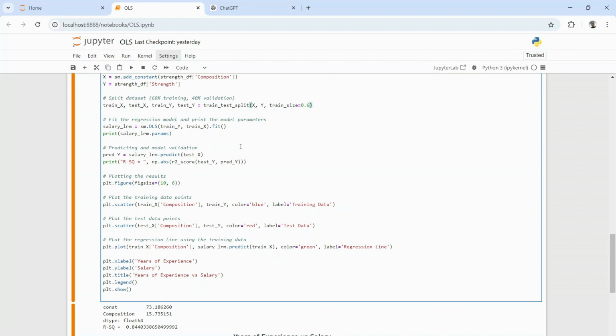And this line is the most important line here. It fits an ordinary least squares regression model using the training data X and the training data Y. And then we print the parameters or coefficients of that regression model, which are beta naught and beta 1.